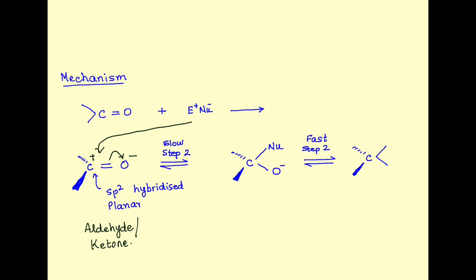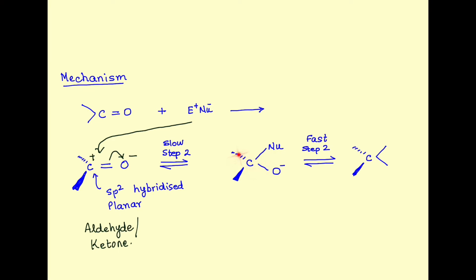But in the second case, that means once this intermediate is formed after the attack of nucleophile on the carbon which is positively charged, you see over here, now there are 4 bonds being formed and all of them are single bonds. By the way, you must be wondering what are these dashes and this wedge. This is nothing but representing a molecule in 3 dimensions.